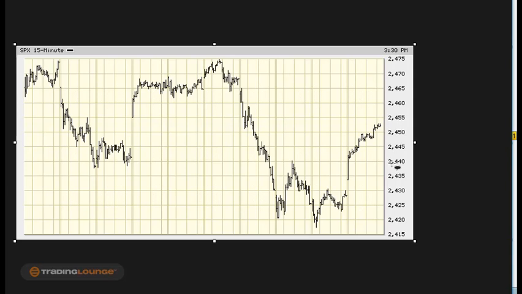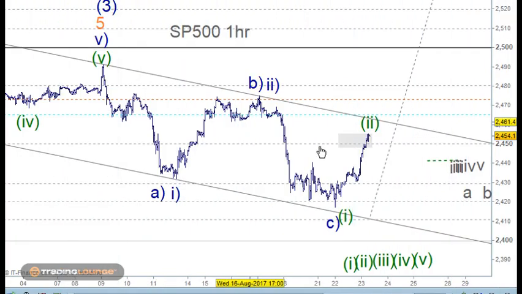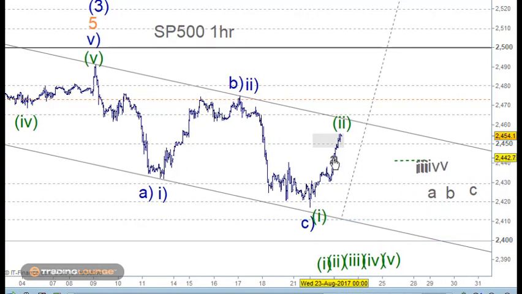We need a setup to go long or to go short. So bear that in mind, and we're working with this price here at 2450, which is the midpoint. So it can be counted up here on the cash market as an A wave, B wave, and C wave for wave 2.